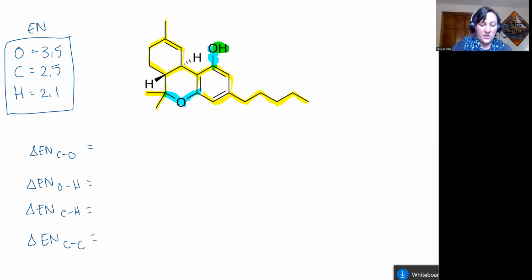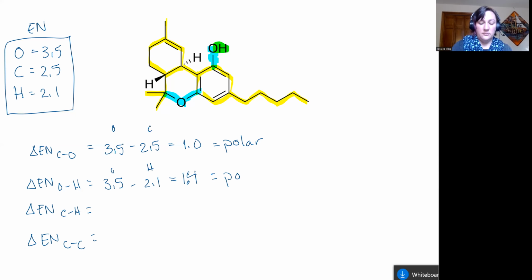So we have an electronegativity value of 3.5 for oxygen minus 2.5 for carbon. That will give us a difference of 1.0, which is going to be polar. Cool. For oxygen and hydrogen, we have 3.5 for oxygen minus 2.1 for hydrogen. That gives us a value of 1.4.